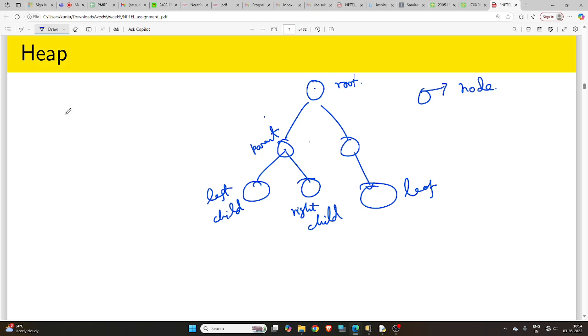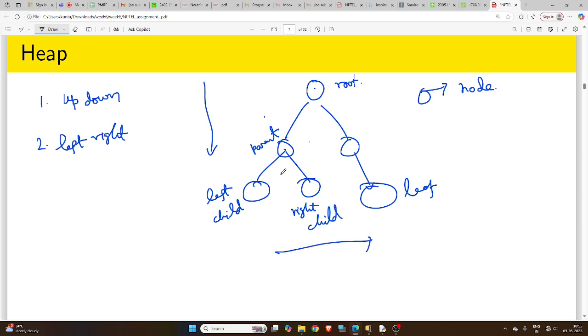Now to be a heap, there are only two conditions. One is that it should follow the up-down condition, and another one is the left-right condition. Up-down means the binary tree will go from up to down, and it should go from left to right.